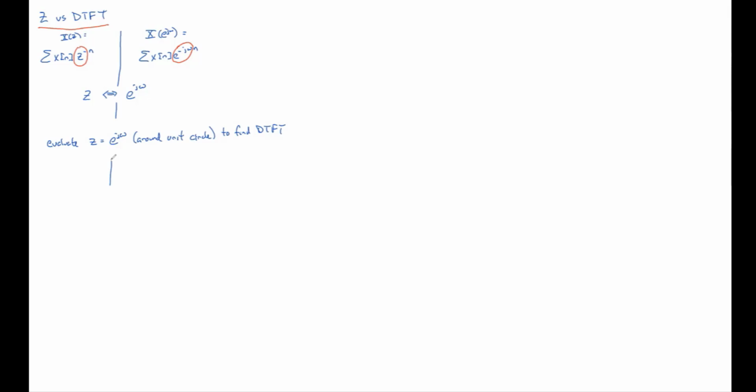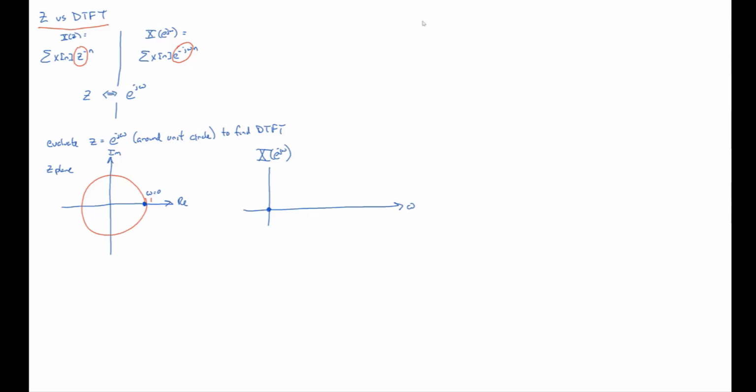And so what I mean graphically, here's our real part and here's our imaginary part, and this is our Z plane. So these are the numbers we're going to put into our Z transform. And if you evaluate it, here's our unit circle. And if you evaluate the Z transform right here, that's like evaluating the DTFT right here at omega equals 0.